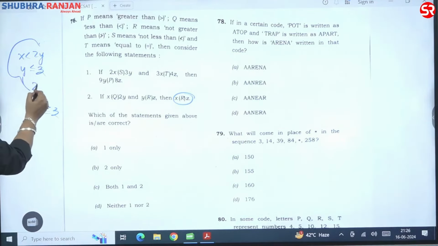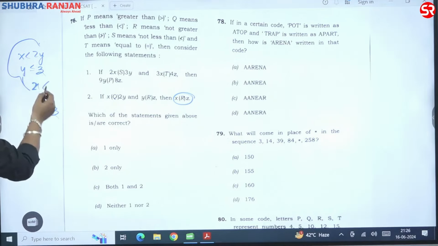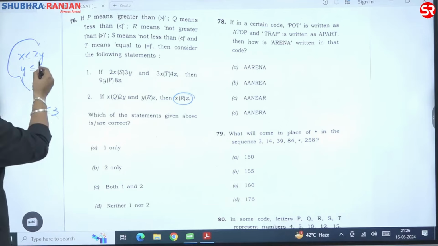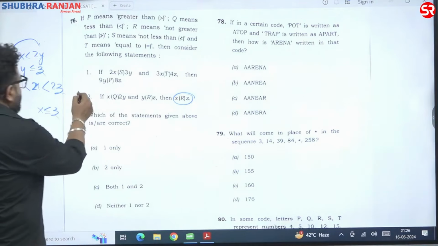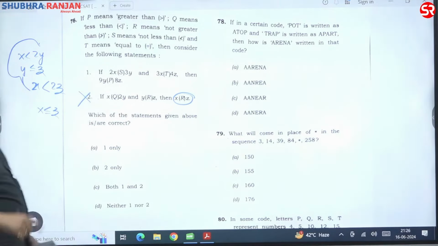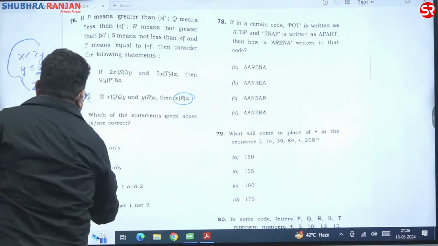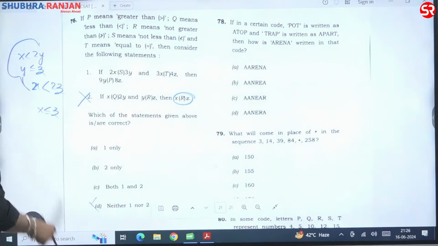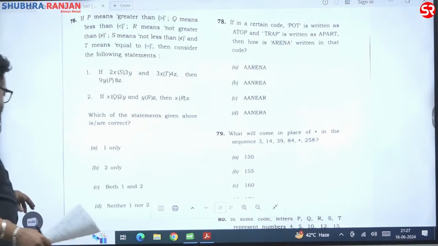So it is x is less than 2z. We don't know the relationship between x and z. We know the relationship between x and 2z, right? So it is not giving you the answer. So neither 1 nor 2 is your answer. Good paper, good exhaustive paper, I think, right guys?